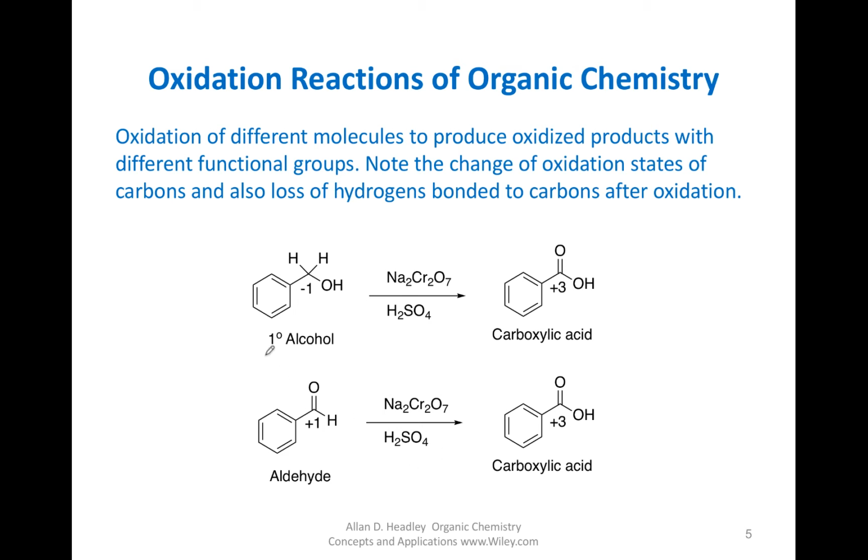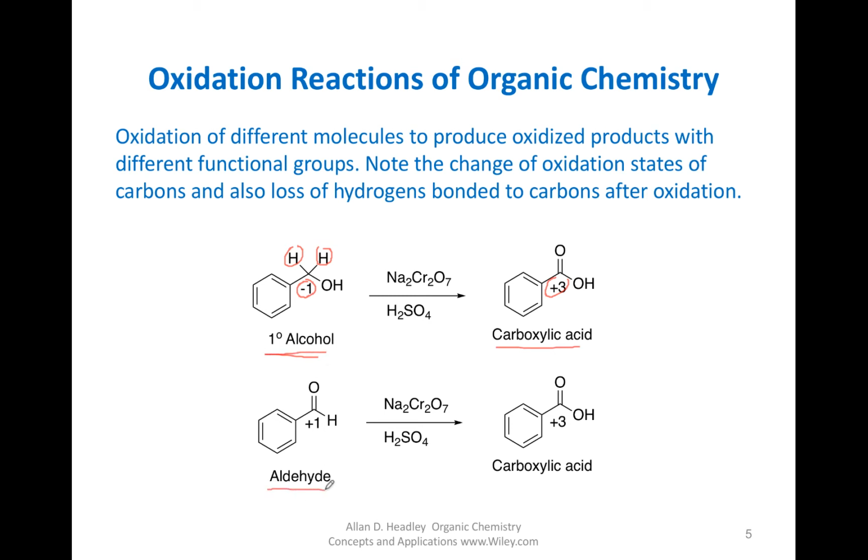So here's a primary alcohol, 2 hydrogens, in an oxidation using sodium dichromate in sulfuric acid. They're both lost, and the oxidation state goes from -1 to +3 to form a carboxylic acid from the primary alcohol.